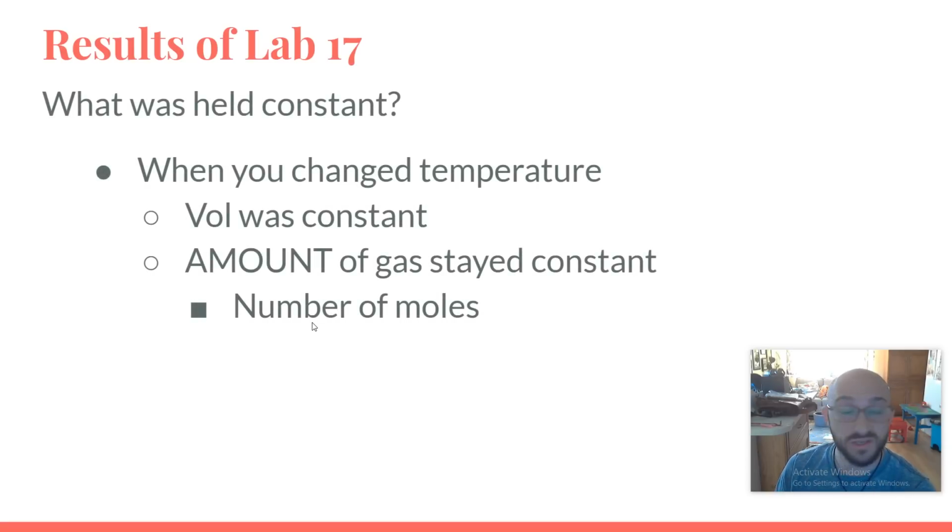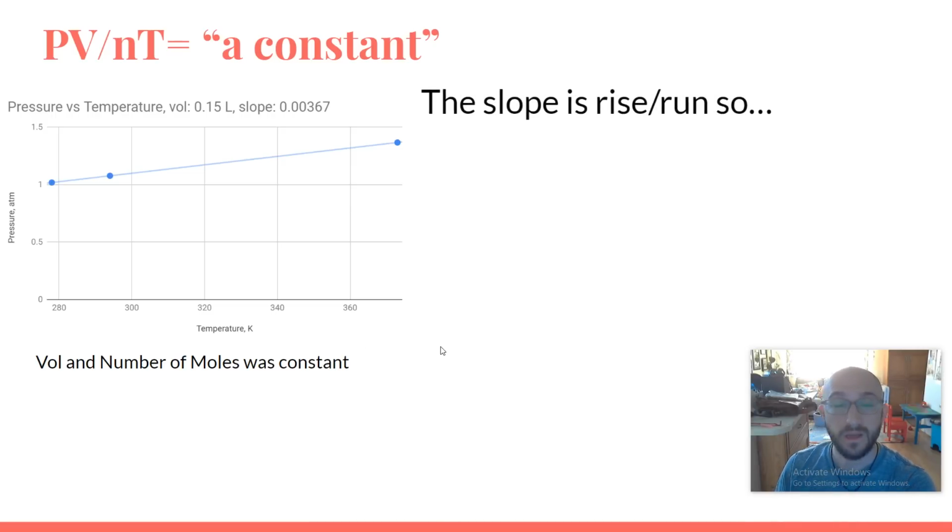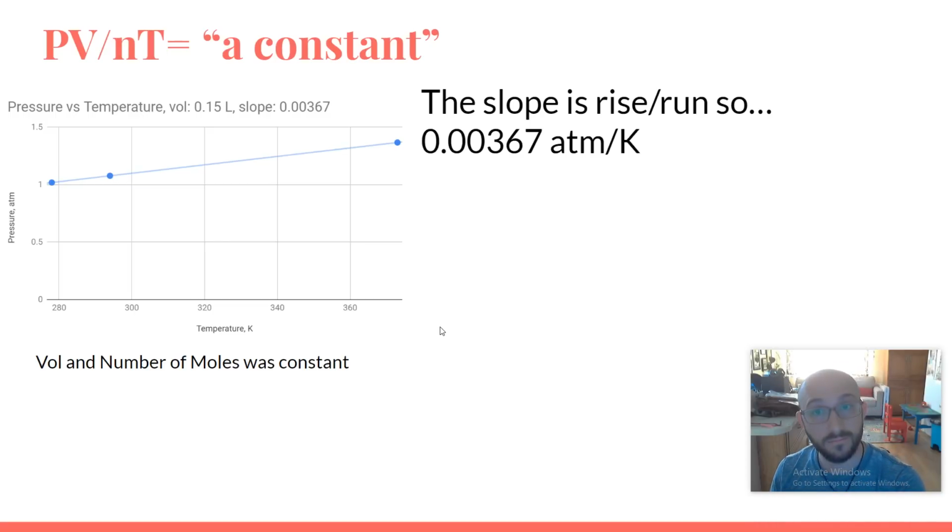Volume is being held constant, and number of moles. If what I said before is correct, I should be able to do the exact same thing with this graph and get the exact same number. So let's see if it's true. The slope is rise over run, so 0.00367 atmospheres per Kelvin.